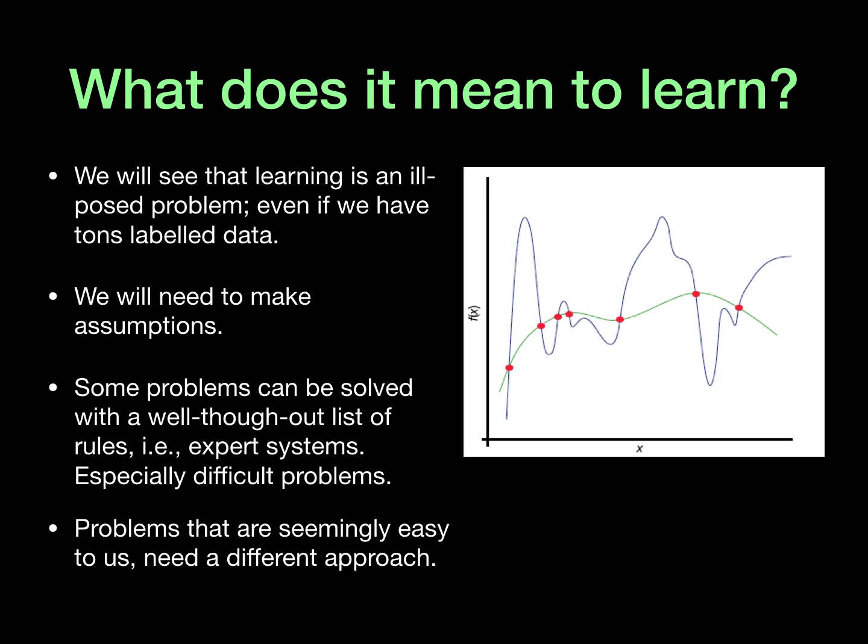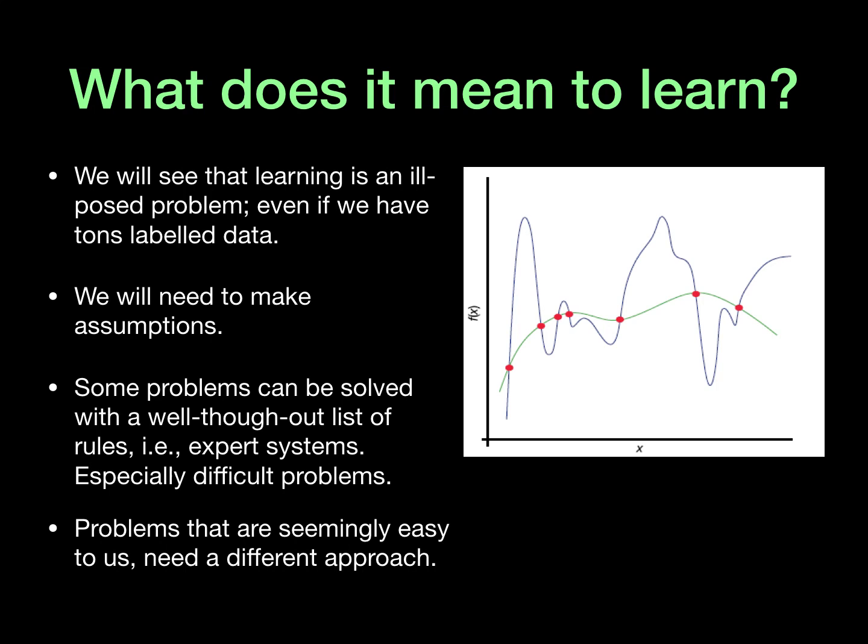These have been very successful in many problems, especially for problems that humans find very difficult to solve. However, for problems that are seemingly easy to us, we need to define other methods, because expert systems or hard coding of rules does not seem to work for generic problems such as speech recognition, face and object recognition, and action interpretation.